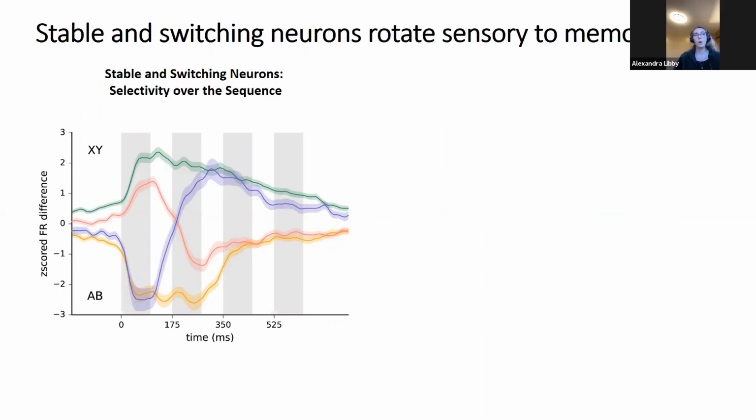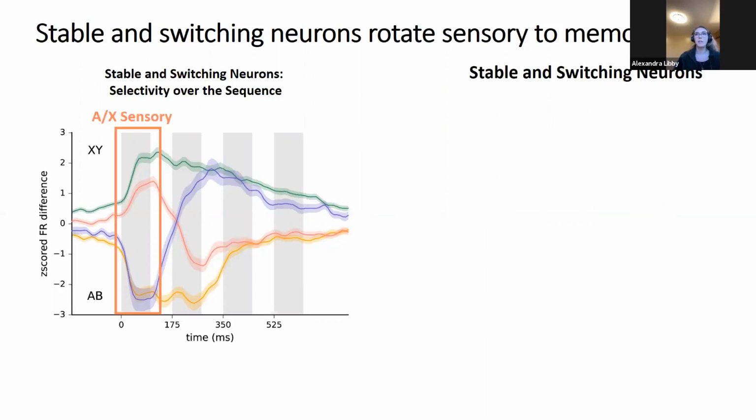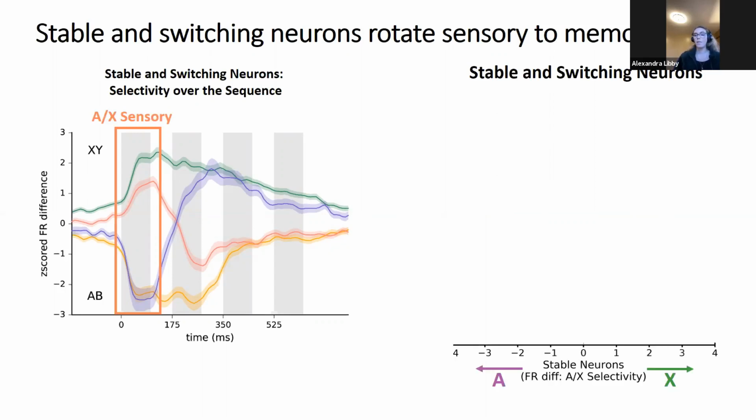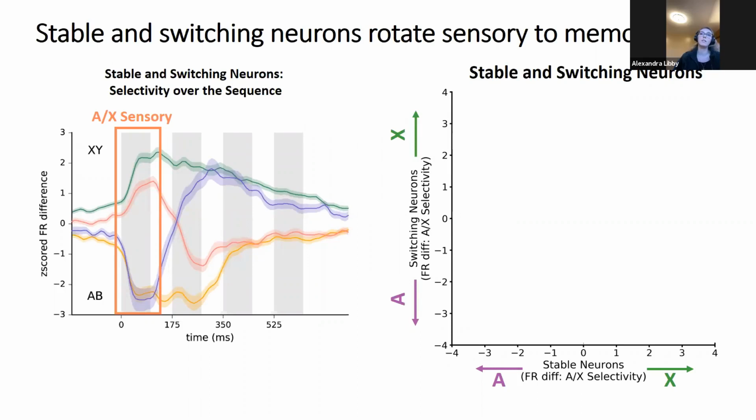And to do so, I'm going to plot the activity of stable and switching neurons over the course of the sequence. Okay, so on the x-axis is the preference of stable neurons. And on the y-axis is the preference of switching neurons. So I'm going to start at just looking at what happens when A or X is played.